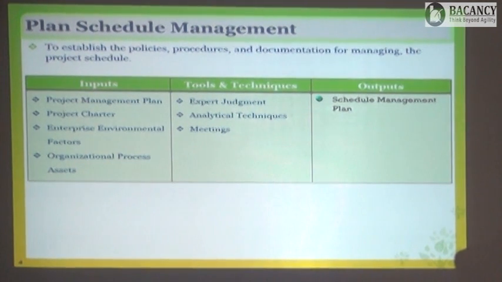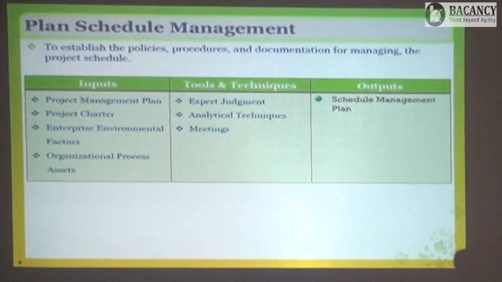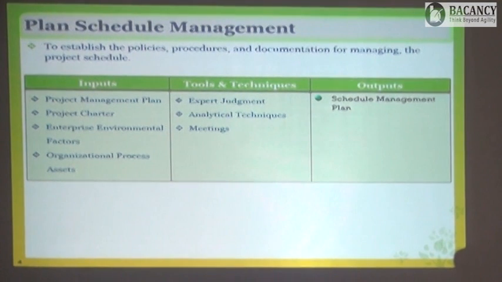So this schedule management plan will have the unit of duration, whether the duration will be estimated or calculated and maintained in hours, weeks, minutes or days. Who are the people who are going to manage that? What is the acceptable tolerance? When we do the estimation, the requirements and the deliverables are clear-cut and concrete.